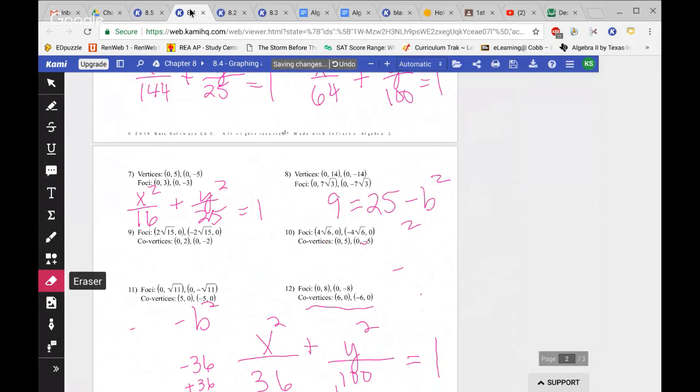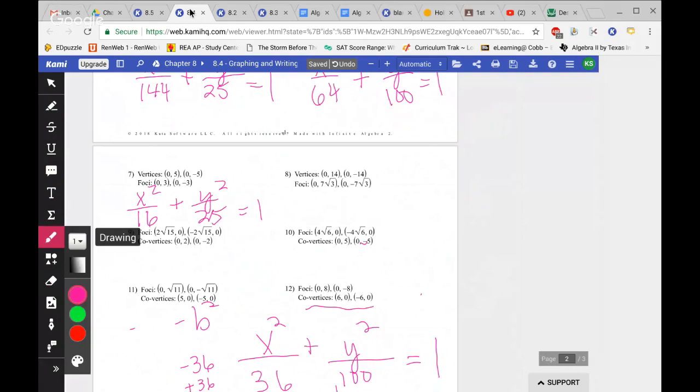All right, on number 8, once again, it's the vertice, and the vertice is in what position? Y. So I've got x squared over, and then 14 squared is 196, I think. Yes, ma'am. And so I've got the foci squared is going to be 49 times 3, which is 147, equals 196 minus b squared.